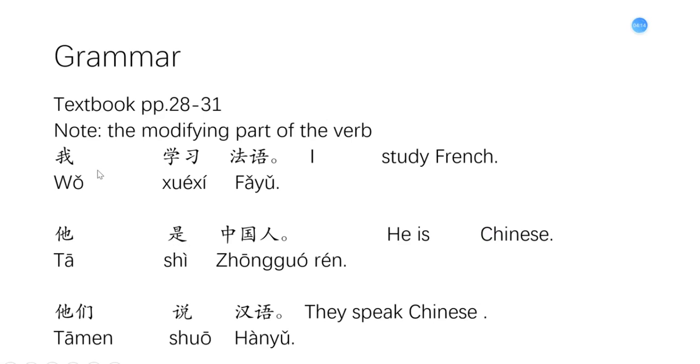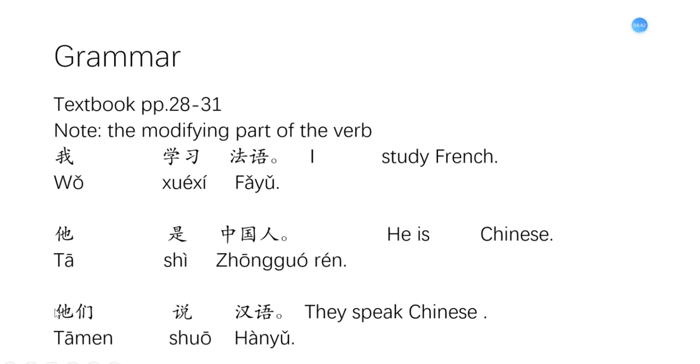And when we want to add some modifying part for the verb, for example, 学习. In the first sentence, the verb is 学习, study, right? In the second sentence, the verb is 是, like the be verb, okay? And in the last one, 他们说汉语, the verb is 说, to speak, to say, right?